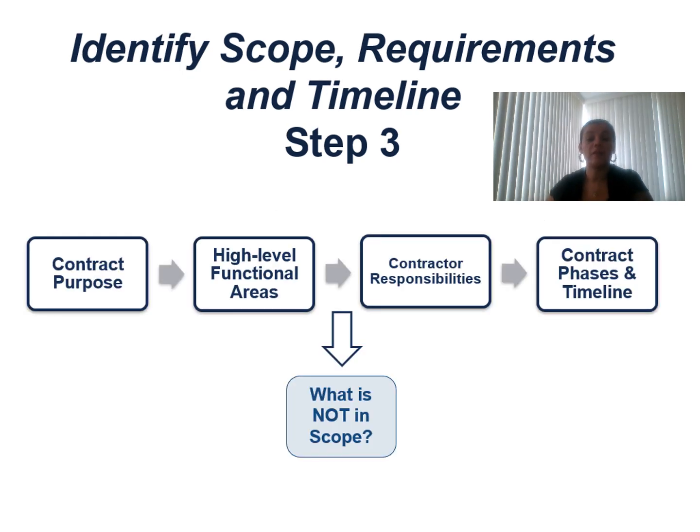In this step, you go through four phases. You define the contract purpose, the high-level functional areas that will be involved, the contractor responsibilities, and the contract phase and timeline. They will also help you identify what is not in scope, because we are going to give more formal shape to the scope of the procurement.